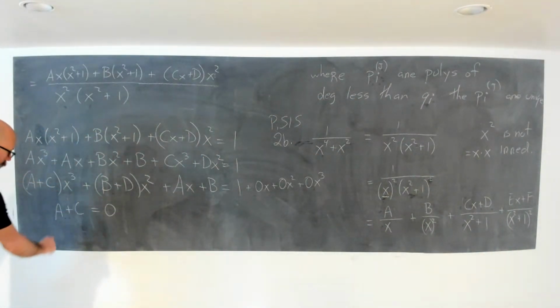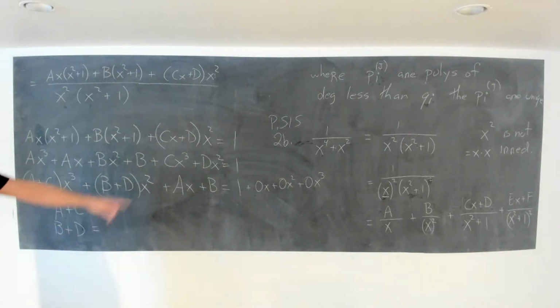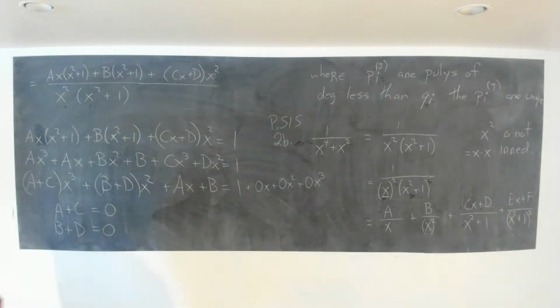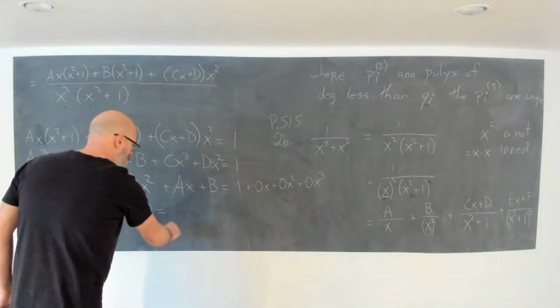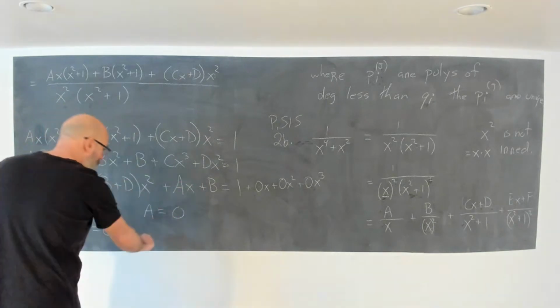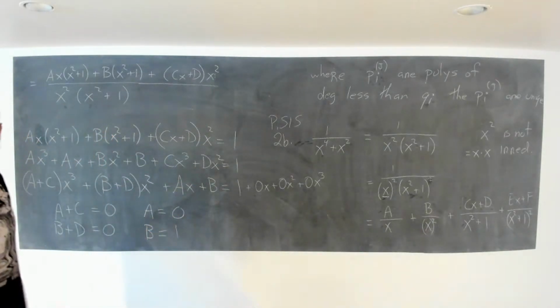Coefficient of x squared on the left. Coefficient of x squared on the right. Again, there is no x squared. It's 0. Coefficient of x on the left. Coefficient of x on the right. There is no x. Constant on the left. Constant on the right.